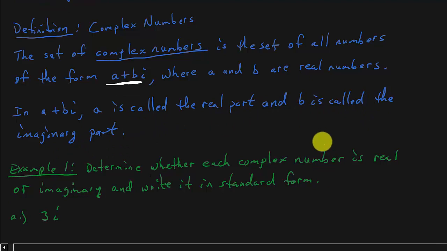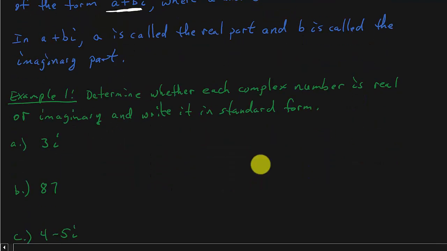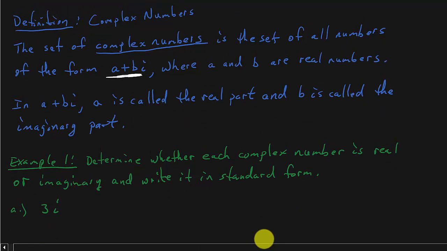All right, now let's look at this first example, and let me say one thing before we do. This form here is important. This is how you're going to write your answers.